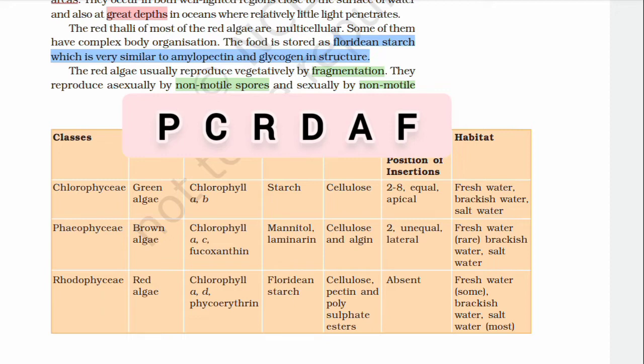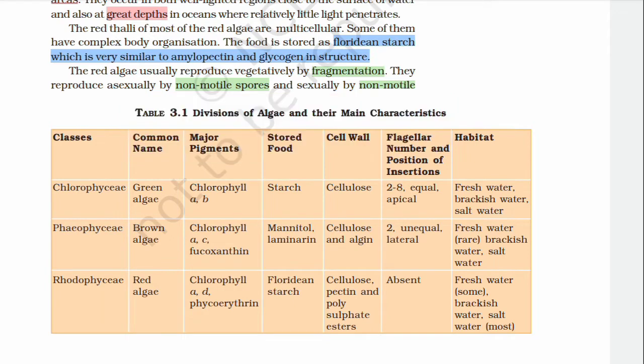Next, D and A. So red algae has chlorophyll A and D. Brown algae has chlorophyll A and C. And the storage food in red algae is Floridean starch. The storage food in brown algae is mannitol and laminarin. That's all. Through this, you can keep in mind both the algae without confusion.